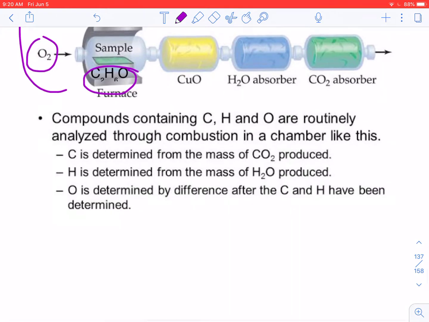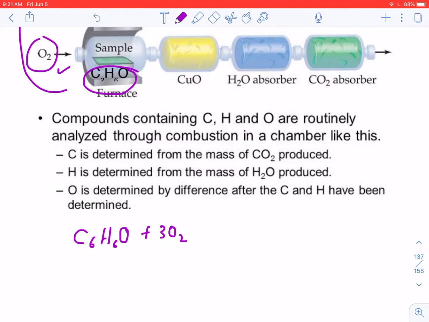So, for instance, if I have a compound, which here in this case I've got as C2H6O. But you didn't know what this compound is, right? You just know that it's got carbon, hydrogen, and oxygen. So we say, all right. Then we say, okay, but it combusts. So that means I'm adding oxygen in here.